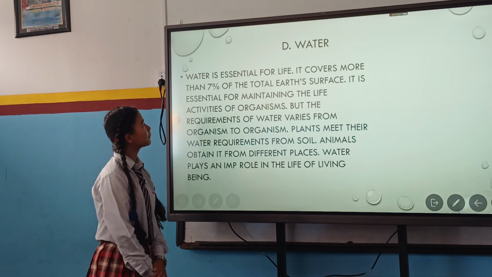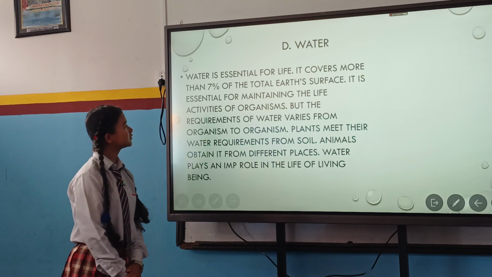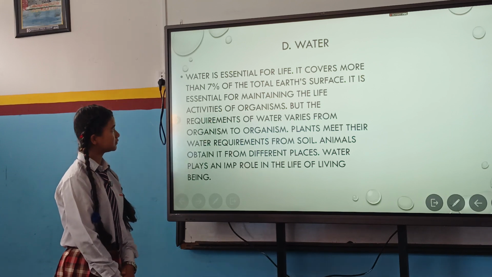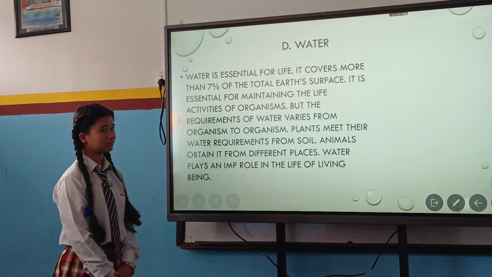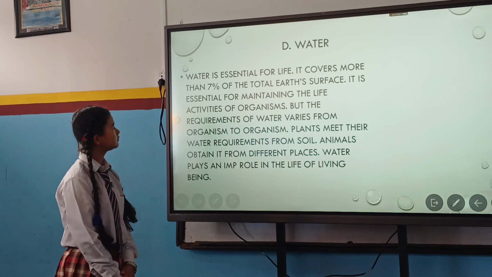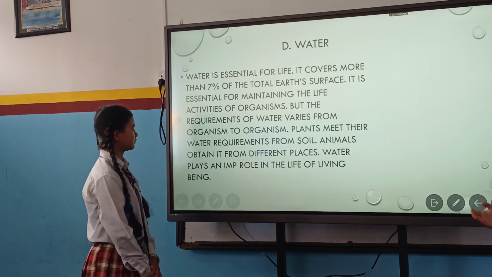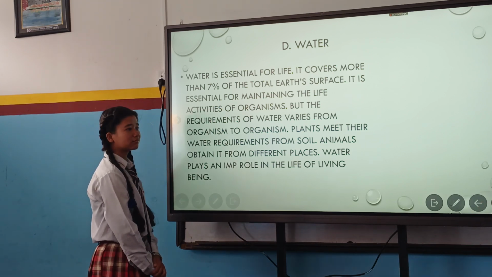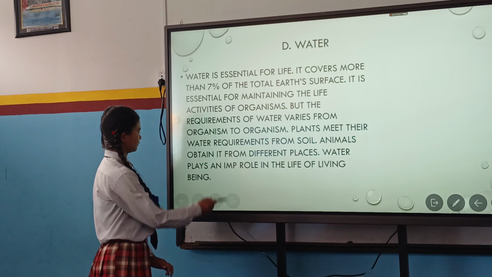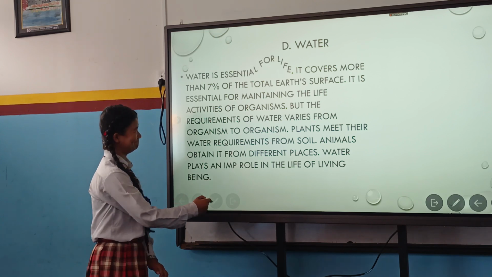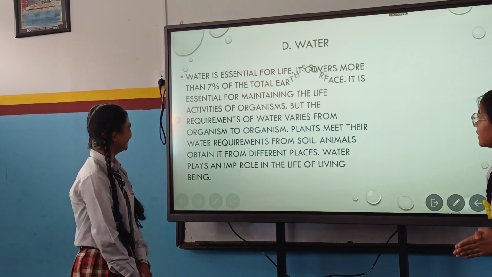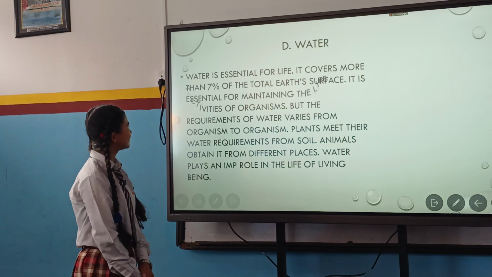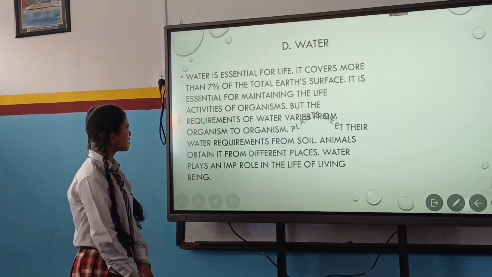So next topic is water. We all know the topic of water. Water is a very important and essential component for us in our daily life. From drinking to washing clothes, bathing or cleaning anything, water is very important. But one of the major problems is that nowadays water resources are being degraded. It is essential for maintaining the activities of organisms, but the requirement varies from organism to organism.